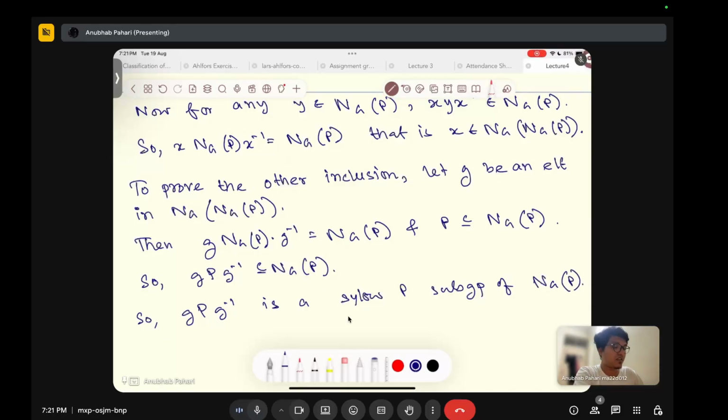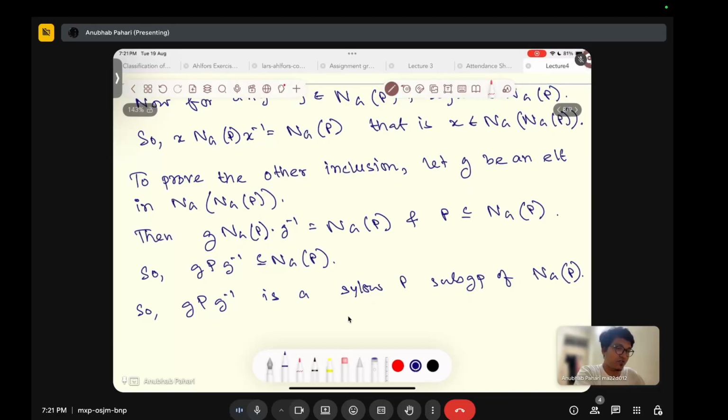This is because P is already a Sylow p-subgroup of G, so P has the maximal order of p power. So g P g inverse is also a Sylow p-subgroup of G. So it is a Sylow p-subgroup of N_G(P) because it is contained in N_G(P) also.